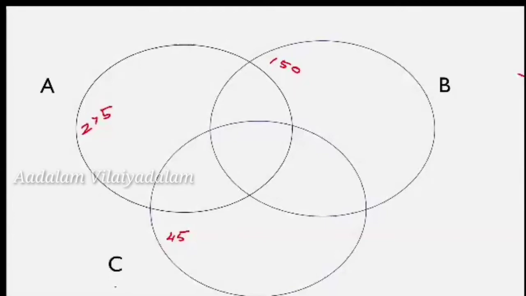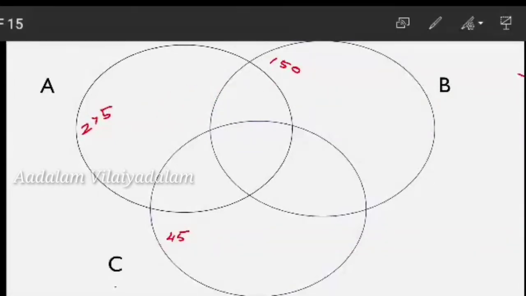Here, the first one we are going to plot: Tamil and English newspaper buyers, that is the intersection of A and B. How much is it? That is 125 families. The next one, English and Hindi newspapers. This is English and this is Hindi, this is Tamil.